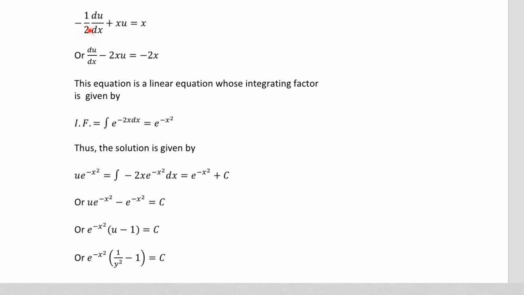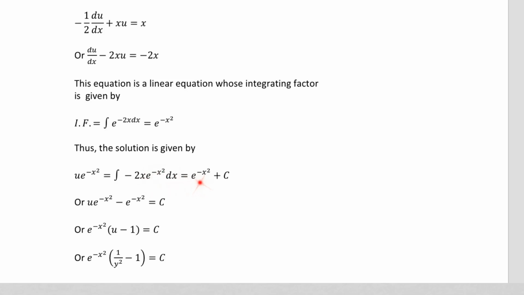The given differential equation becomes minus 1 by 2 into du by dx plus x into u is equal to x, or du by dx minus 2xu is equal to minus 2x. This equation is a linear equation whose integrating factor is given by this. Thus, the solution is given by u into integrating factor is equal to integral of q into integrating factor dx.